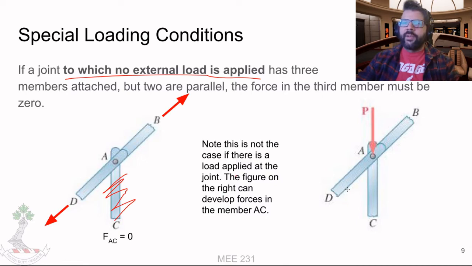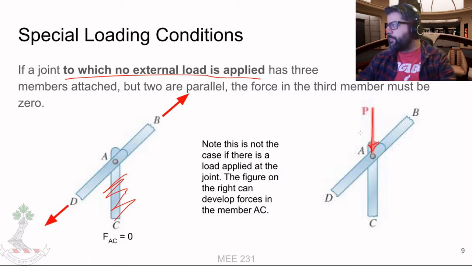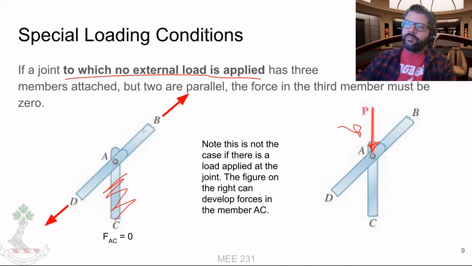So again, I would like to emphasize that that is not the case if there is a load applied at that joint. So we've got our force P here that's acting at that joint, then this condition doesn't apply. So we will get some force developing in member AC in this situation.